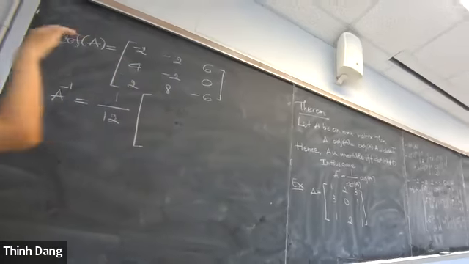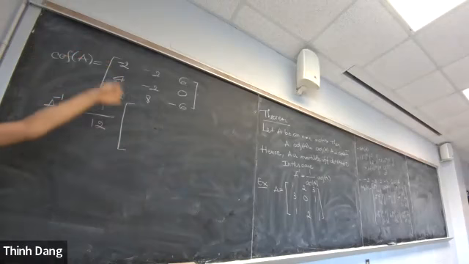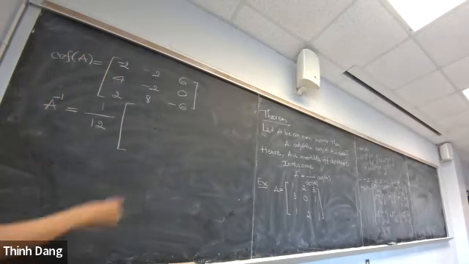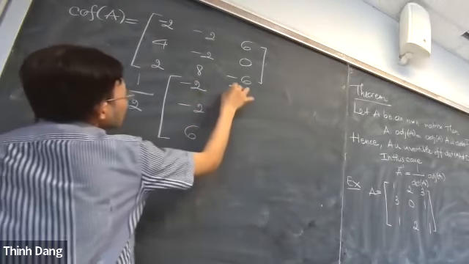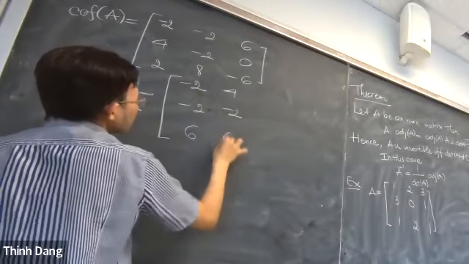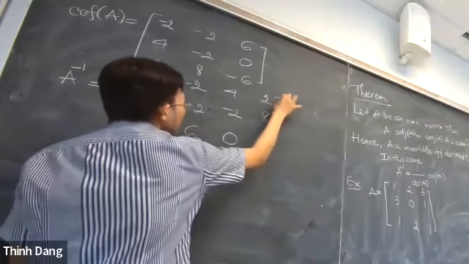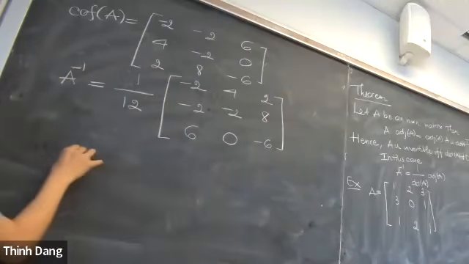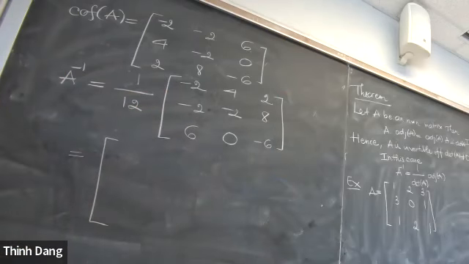Simply use each row of this matrix and write it as a column of the new matrix: -2, -2, 6, 4, -2, 0, 2, 8, -6. And I will multiply 1/12 inside.